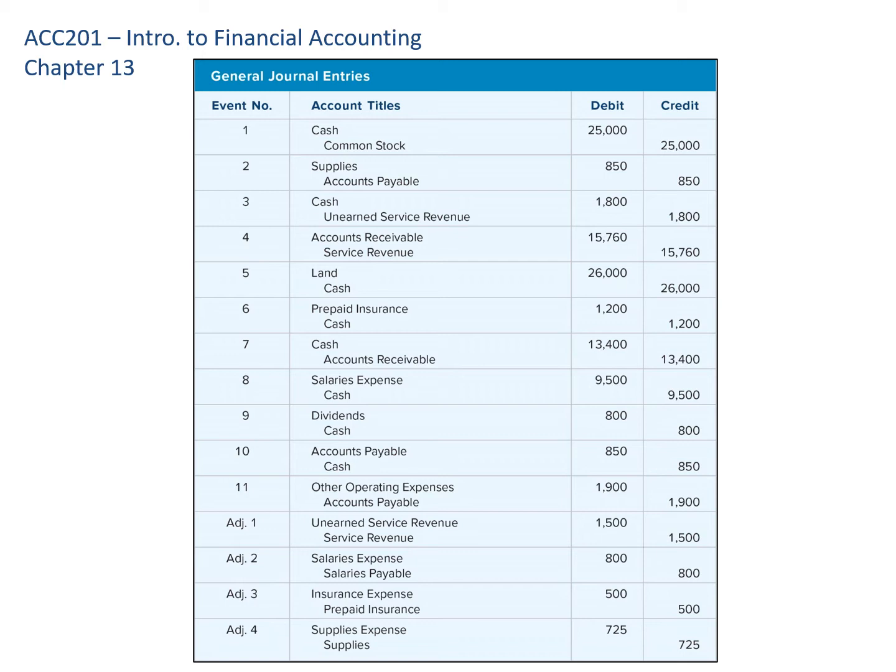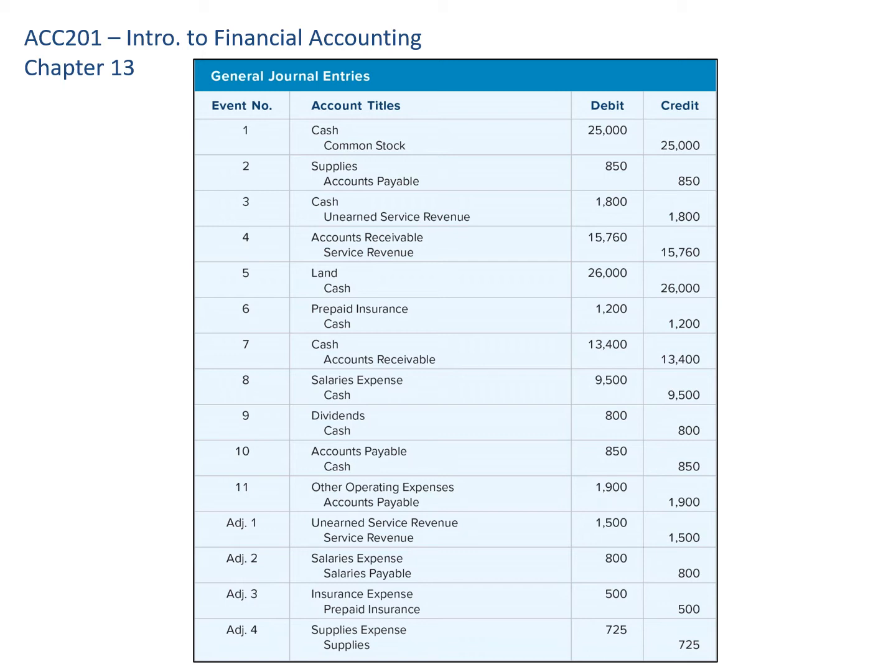Event number 3, we collected $1,800 cash as an advance to provide future services over a 1-year period starting March 1. So here we have to remember how we deal with prepayments from customers. This is a transaction where we're receiving cash in advance of earning revenue. If you remember correctly back from, I think it was chapter 3, we talked about unearned revenue being a liability.